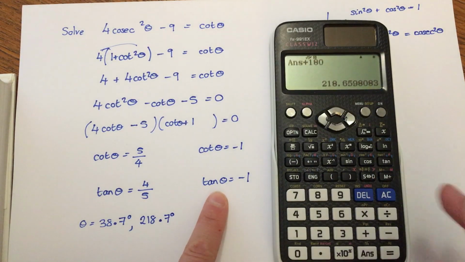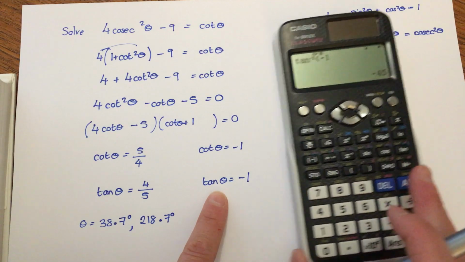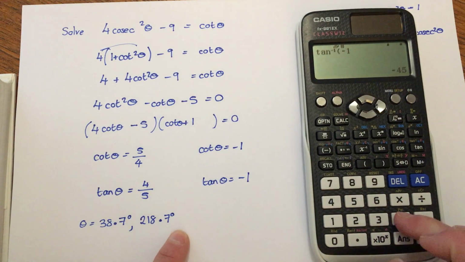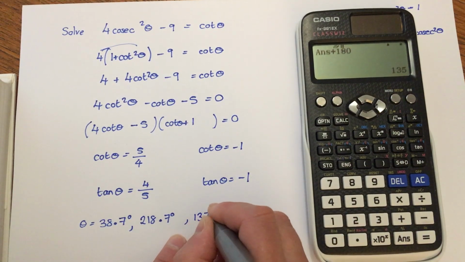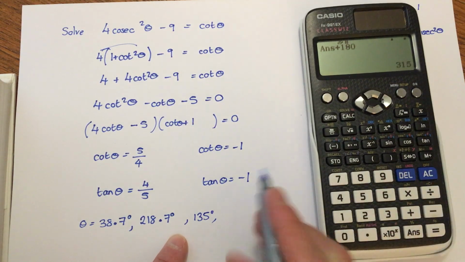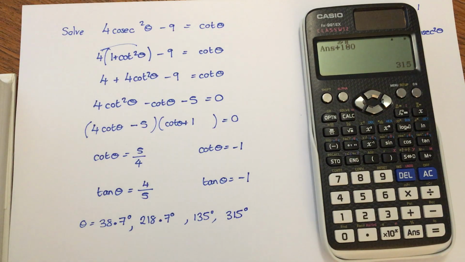And on this one, if I inverse tan -1, I get -45, which is not in my range. So I'm going to add on 180, which is 135. And I'm going to add on 180 again, which is 315. So that would be all my solutions in my range 0 to 360.